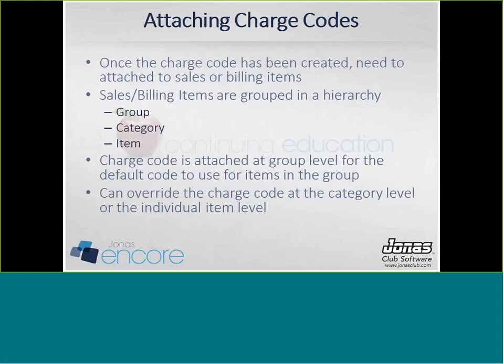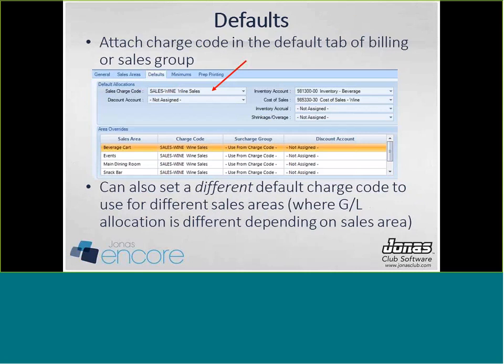It's not necessary for me to attach another charge code override on the individual glass of wine that I'm selling, or on the turkey BLT, or on the glass of orange juice, because all those items belong to the category, and everything in that category goes to the same spot. There's no need to put in a charge code on the individual item itself. It can inherit the rule from the category.